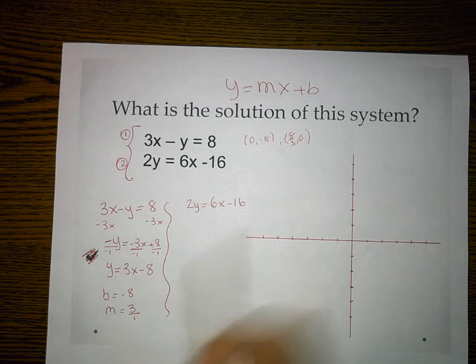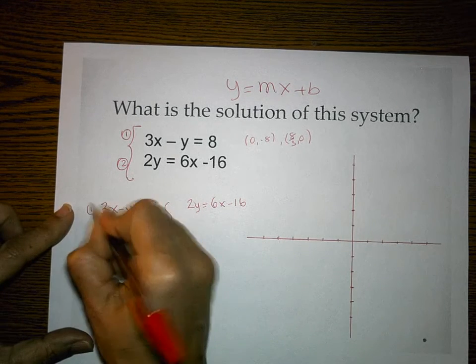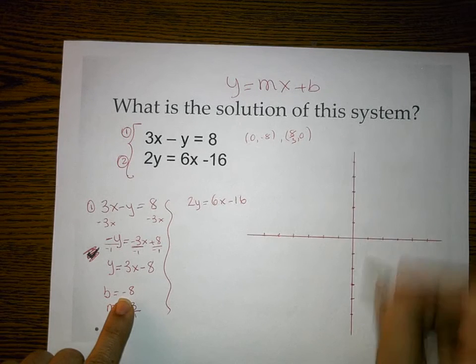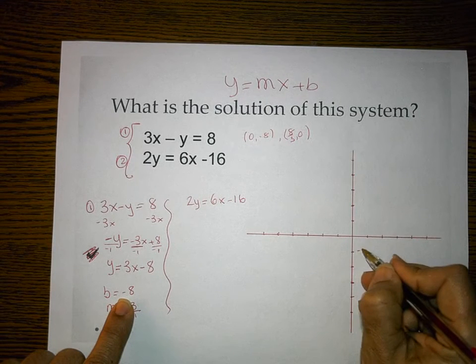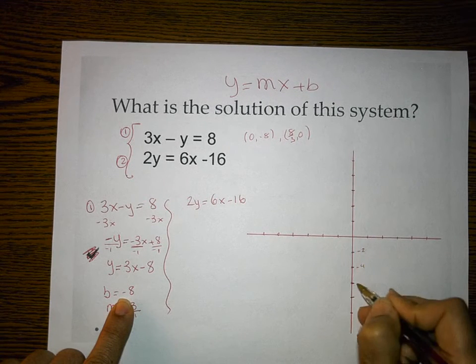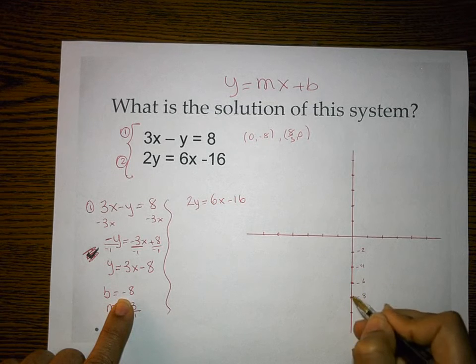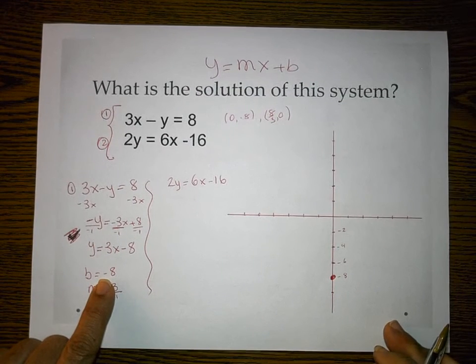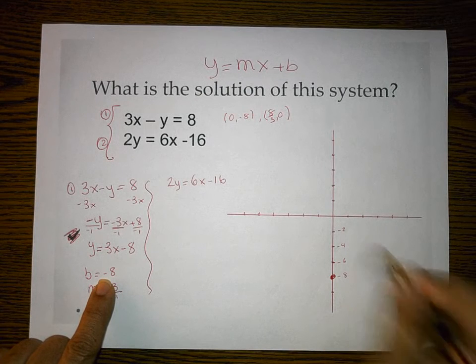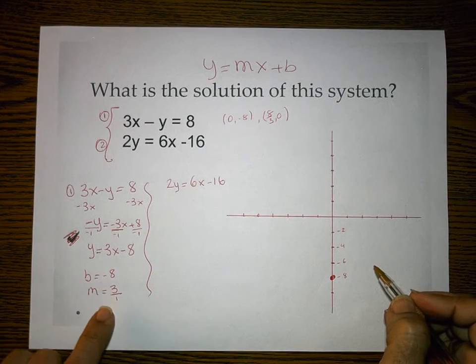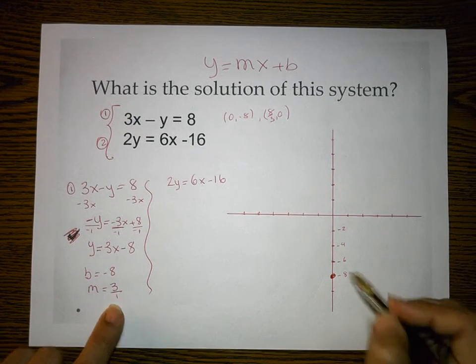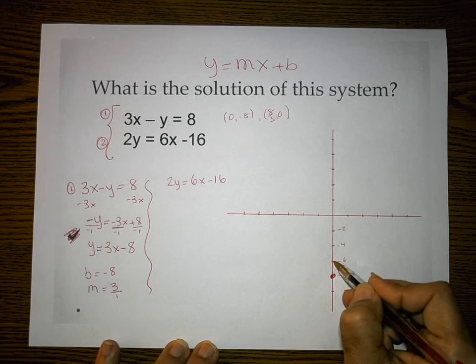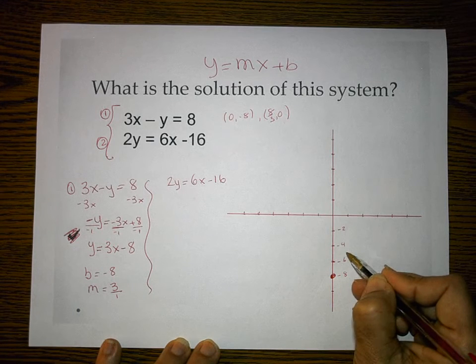Okay, so let's go ahead and graph line number 1 here. Negative 8 is way down here. Let's go by 2. So that's minus 2, minus 4, minus 6, minus 8. So that is my y-intercept right here, negative 8. As you can see, my grid goes by 2. And I'm supposed to go up 3, run 1. So up 2 and 1 more here and run 1.